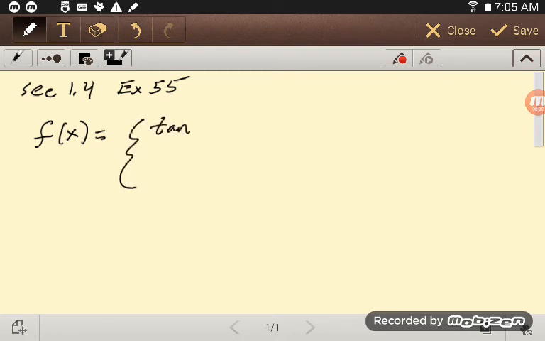tangent of pi x over 4 if the absolute value of x is less than 1, and x if the absolute value of x is greater than or equal to 1.